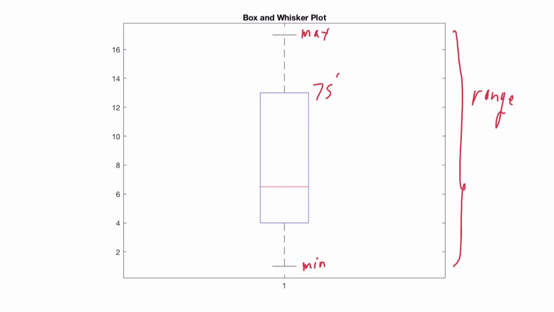I also plot the 75th percentile and the 25th percentile. This lets me know points that are within 50% of the median. So I can see, for example, the interquartile range.